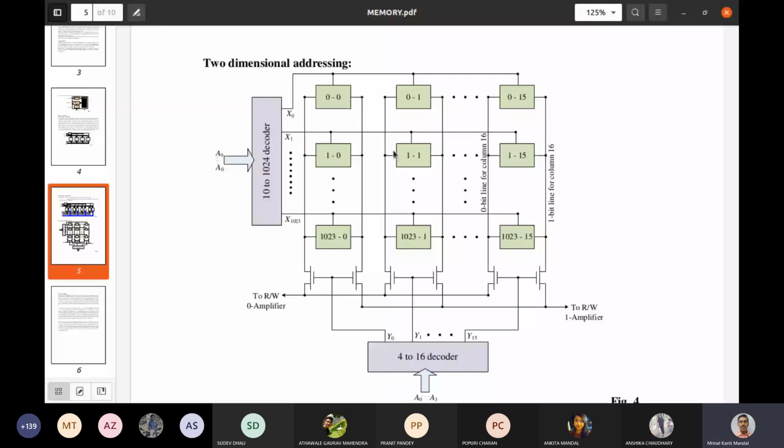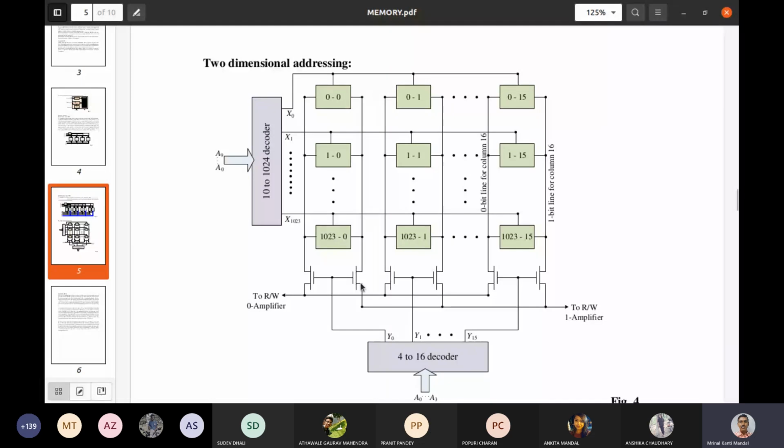Here you see this column decoder is connected to the common base of two NMOS transistors. One of these transistors is connected to the 0-bit line of this first column, and the other is connected to the 1-bit line of the first column.